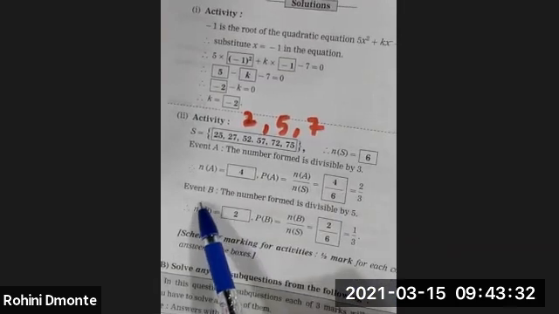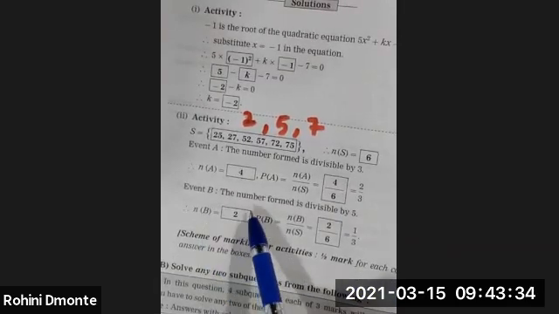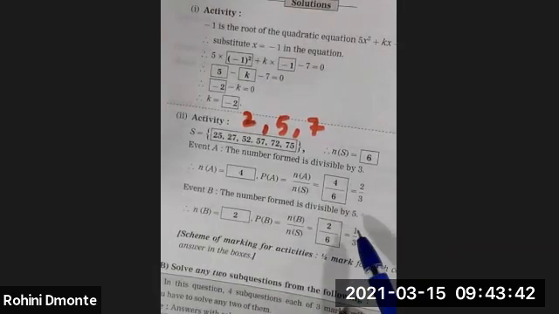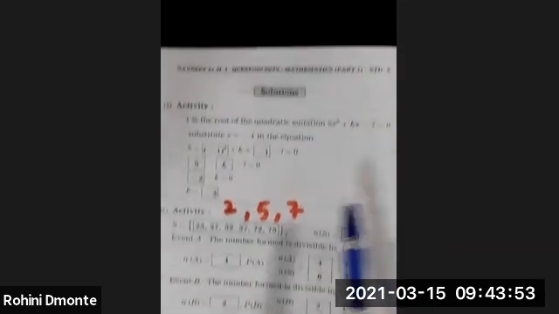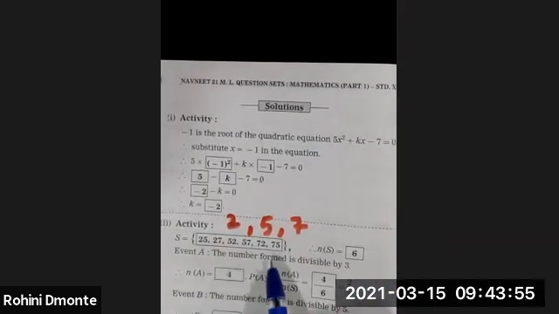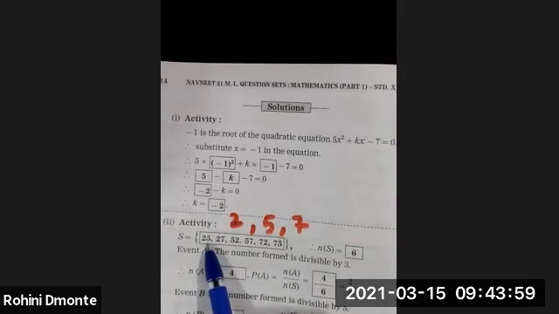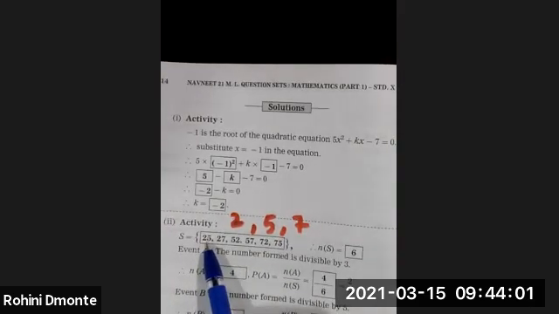What is the next part? Event B: the number formed is divisible by 5. Now again here you have to use the divisibility test of 5. What is the divisibility test of 5? If 0 or 5 is at the unit place of any given number, then that particular number is divisible by 5. Now let us check what is there in the unit place of each number. Can you see 5 is there at the unit place? Yes, so this number is divisible by 5.